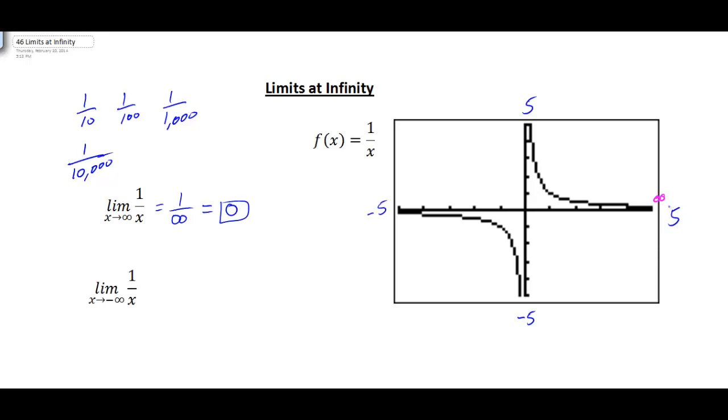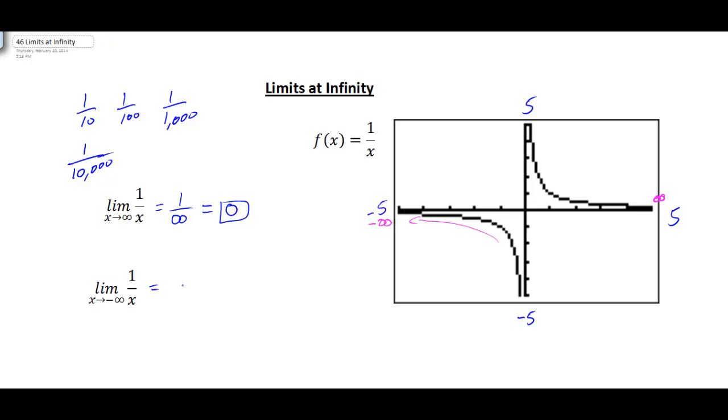Okay, and I think you can see clearly if this graph continues out, it's getting so close it is becoming 0. And the same thing is going to be true if we look at the limit of 1 over x as x approaches negative infinity. That just means we're going to the left. So if we go to the left once again, we can see that our graph here is getting ever so close to the x-axis.